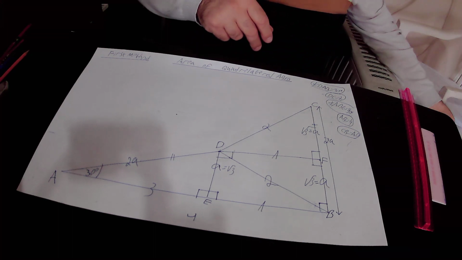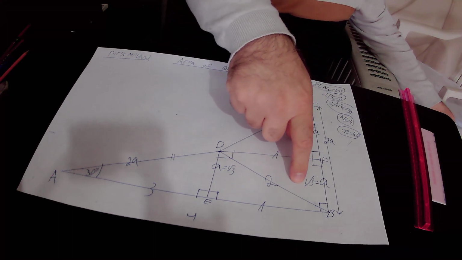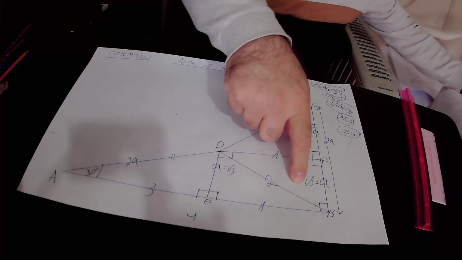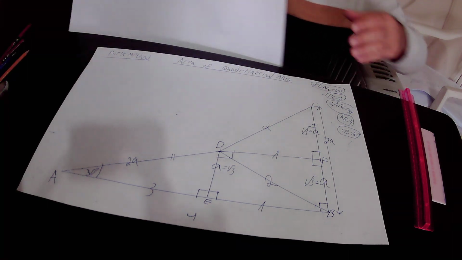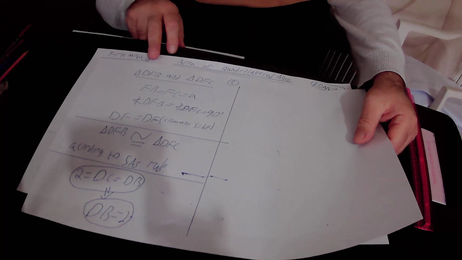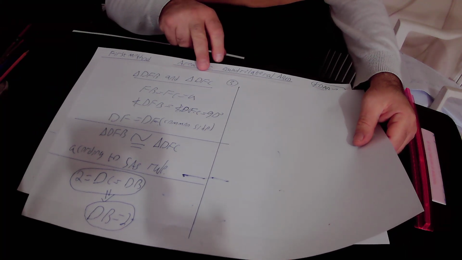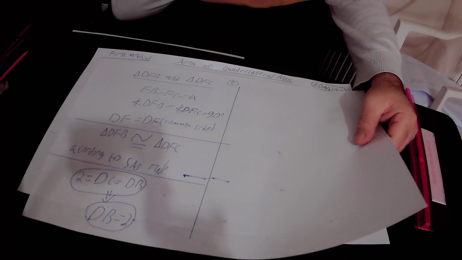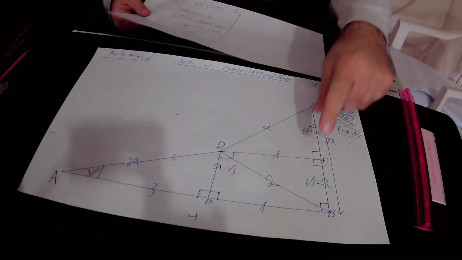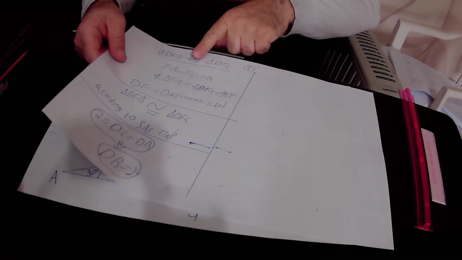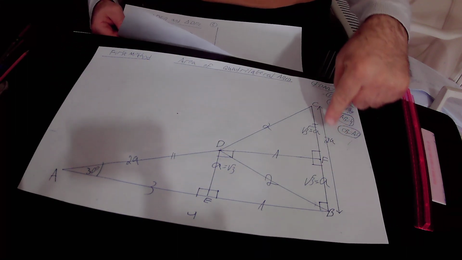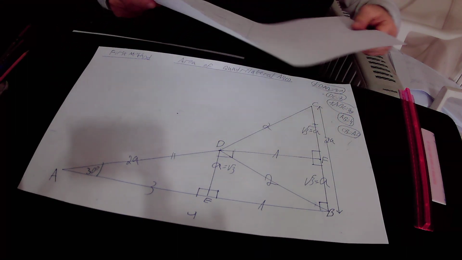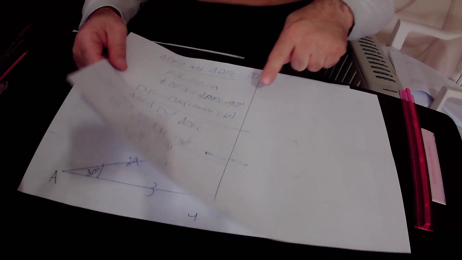And we proved that those two triangles can go into each other. We actually proved that triangle DFB can go into triangle DFC. So why can those two triangles go into each other? First of all, FB equals FC equals A. Angle DFB equals angle DFC equals 90 degrees.